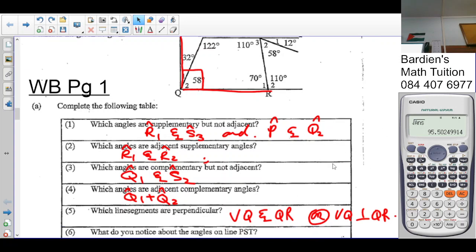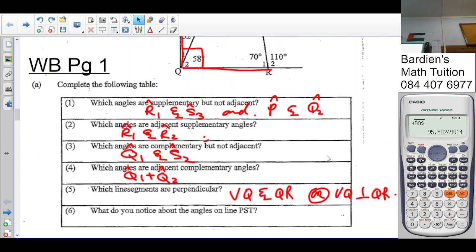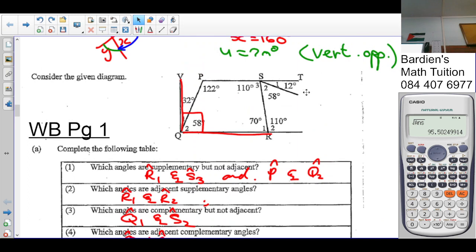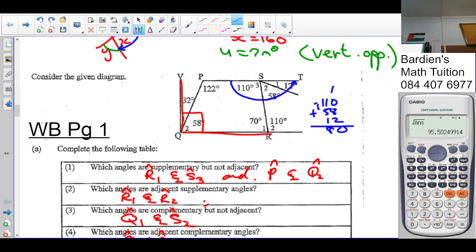Any confusion here? No? The last one of this diagram: what do you notice about the angles on the line PST? They're referring to these angles here. So what do we notice? 100 plus 58 plus 22 is 180.